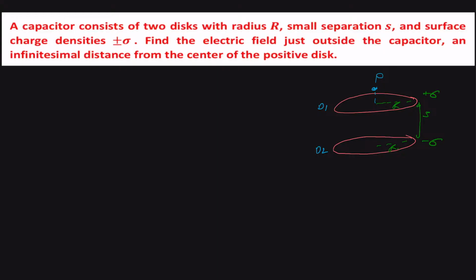The total electric field will be nothing but the superposition of the electric field due to disk 1 and the electric field due to disk 2. So we are going to treat them as two separate charged disks. We are not going to treat it as a parallel plate capacitor.